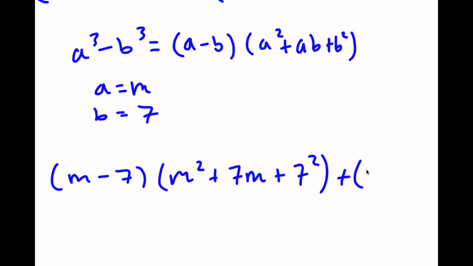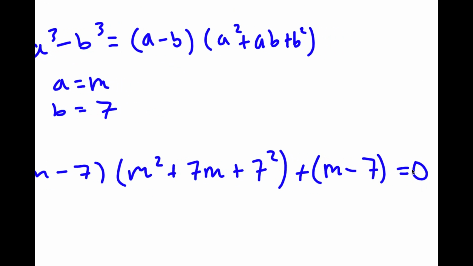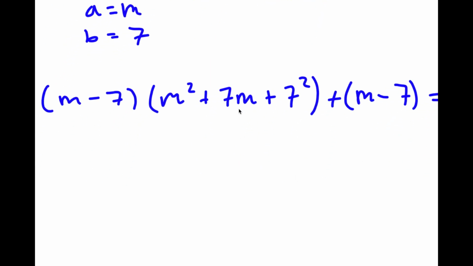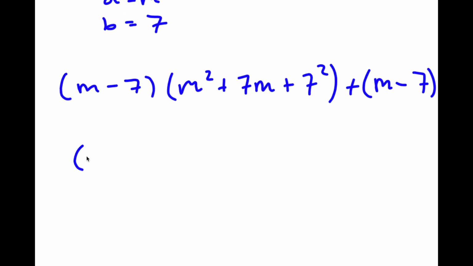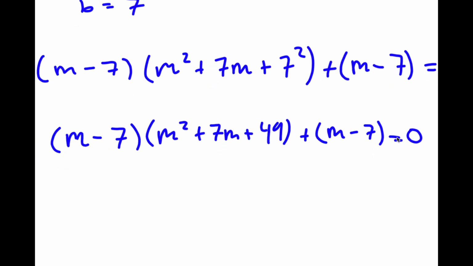I have this plus m minus 7 is equal to 0. Now, 7 squared is the same thing as 49, so I have m minus 7 times m squared plus 7m plus 49 plus m minus 7 is equal to 0.